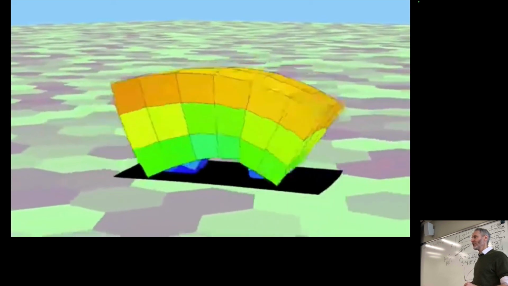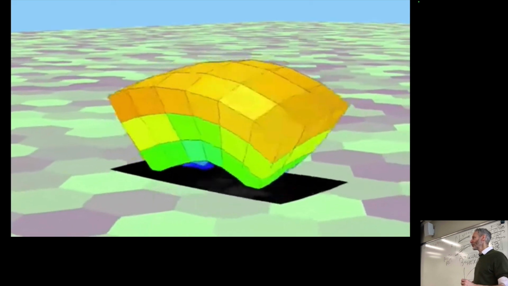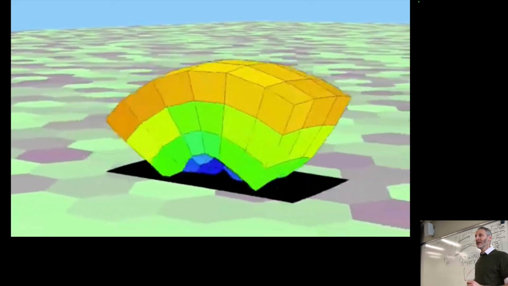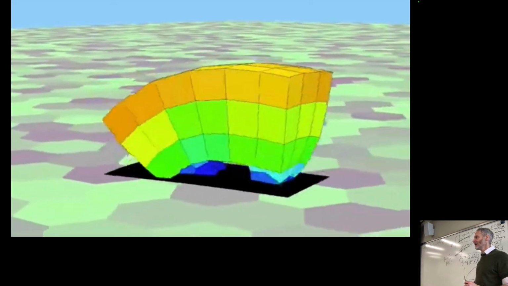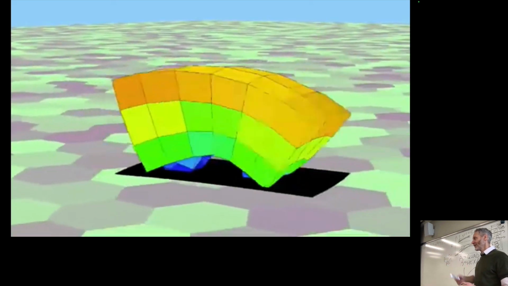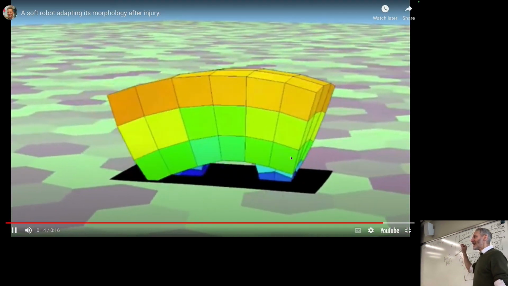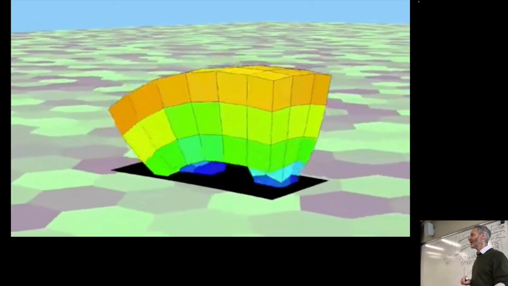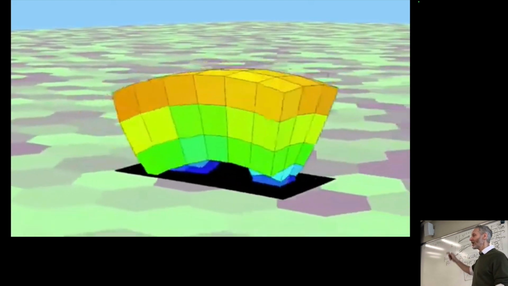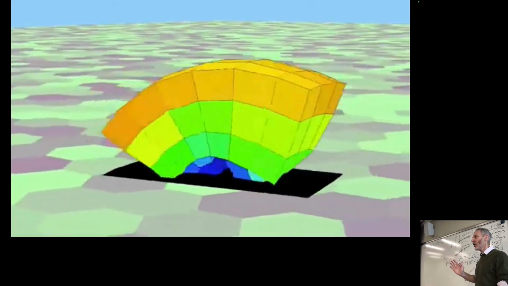remember our discussion about locomotion? Mother Nature's preferred way of evolving strategies for organisms to move from point A to point B. Peristalsis. What you're watching is actually the same neural controller that controlled the four-legged robot. So the evolutionary algorithm found that it doesn't actually need to change the neural controller at all.